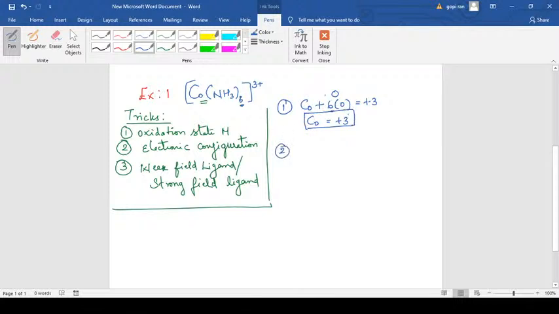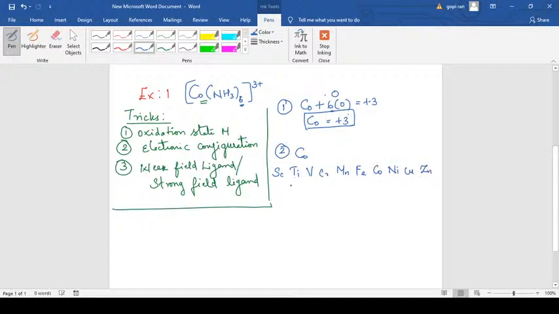And the second one, electronic configuration of the cobalt, the central metal atom. How to write the electronic configuration? You know that very well. In the d block: scandium, titanium, vanadium, chromium, manganese, iron, cobalt, nickel, copper, zinc.